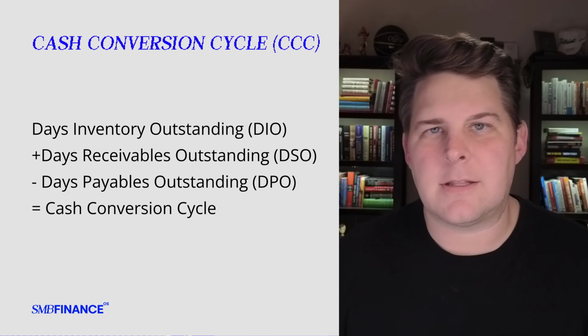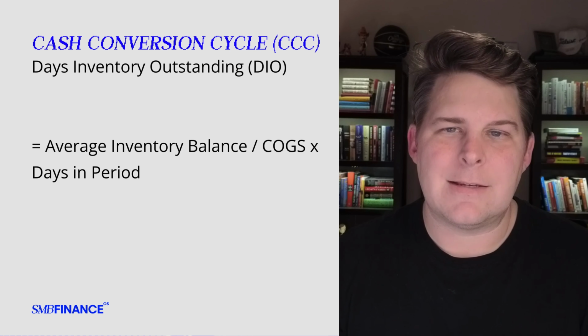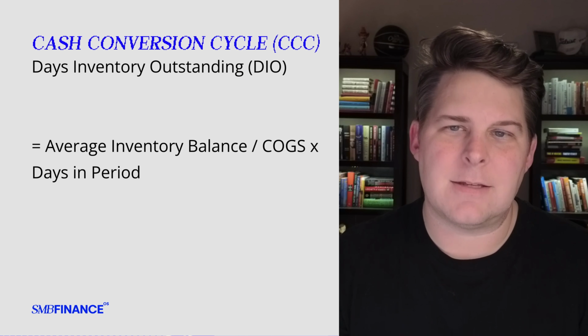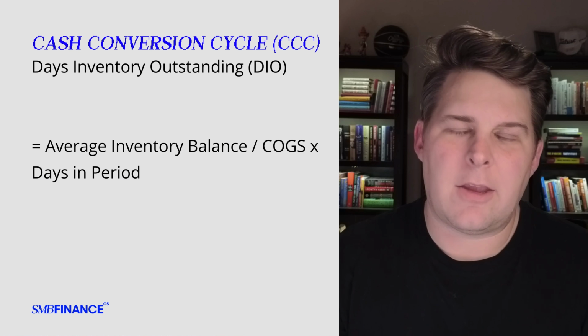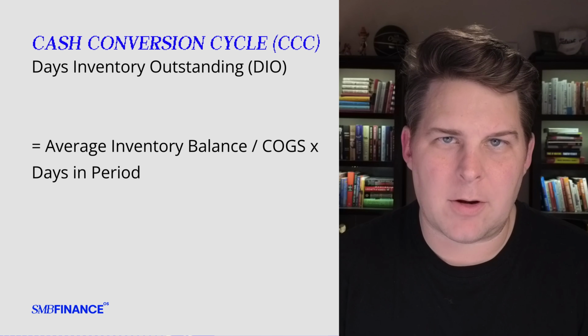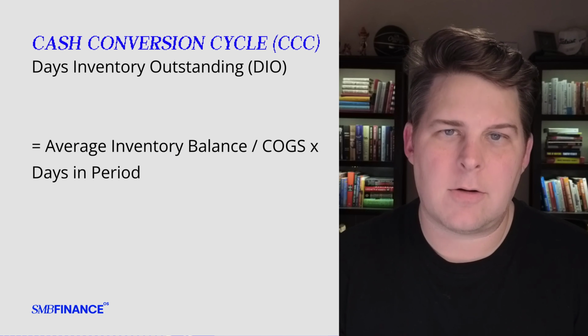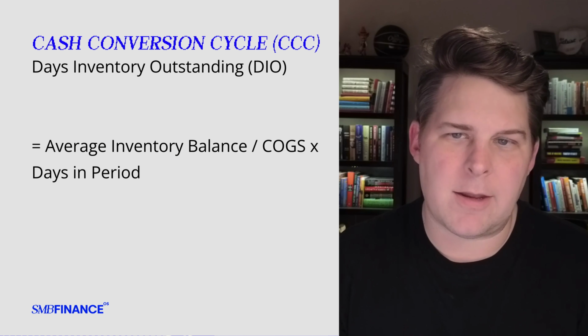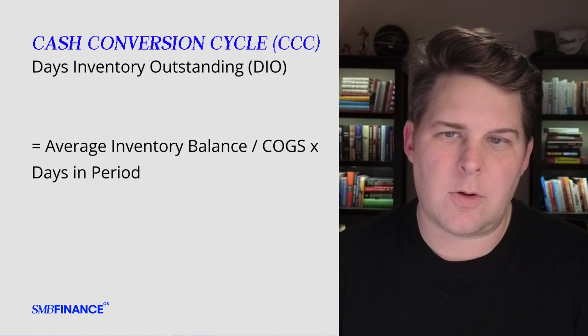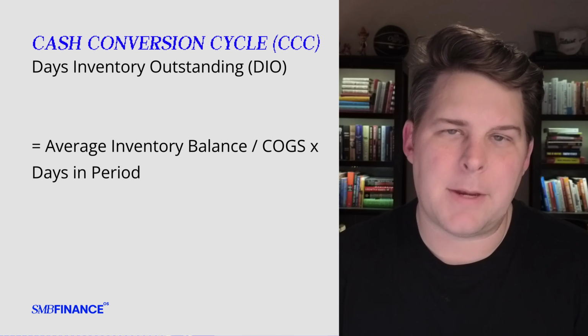So as we dig into this cash conversion cycle, what does days inventory outstanding mean? You'll take your average inventory balance over the period that you're looking at. So that could be a year, that could be a month, whatever that is, divided by your cost of goods sold times the days in that period.